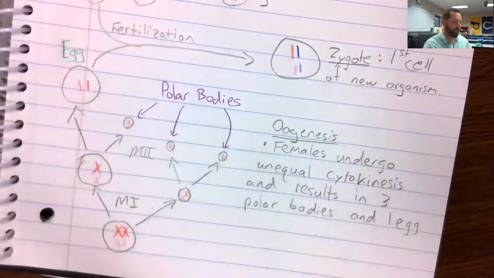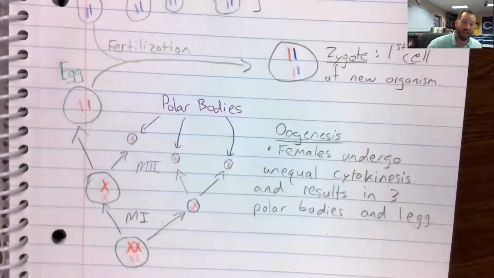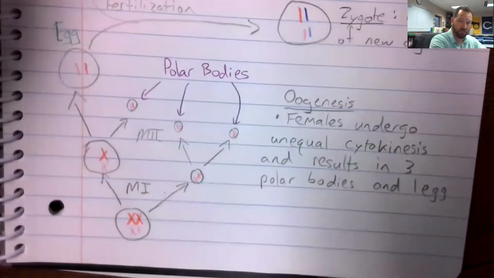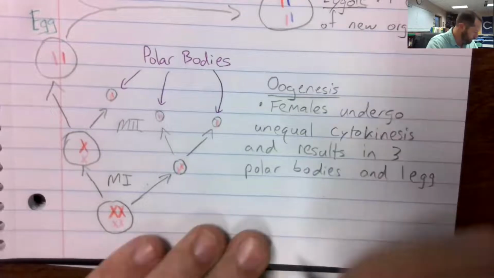And again, the whole reason why this cell has the nutrients, has the organelles it needs, is because that egg provides them. Eggs are, I believe, the largest human cell. You can just about see them without a microscope.